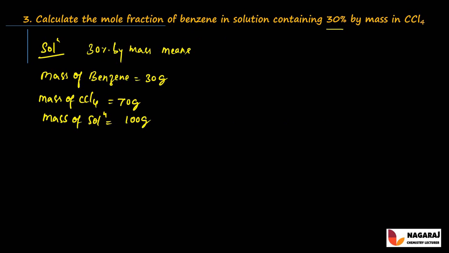So 30% by mass means 30 grams of benzene is to be dissolved in the 70 grams of CCl4. Finally it gives 100 grams of solution.